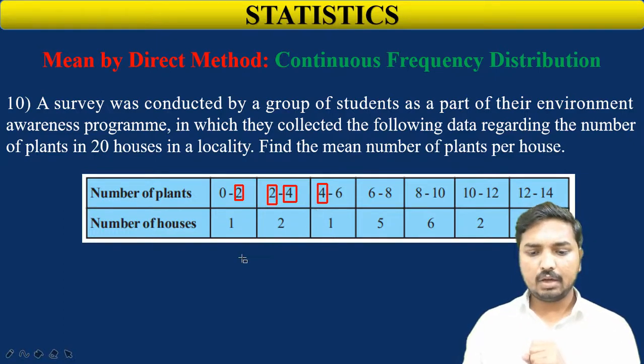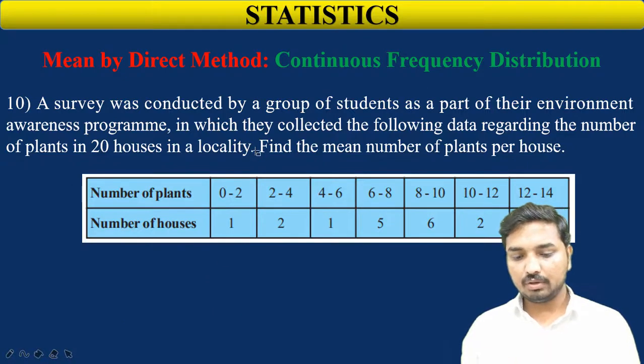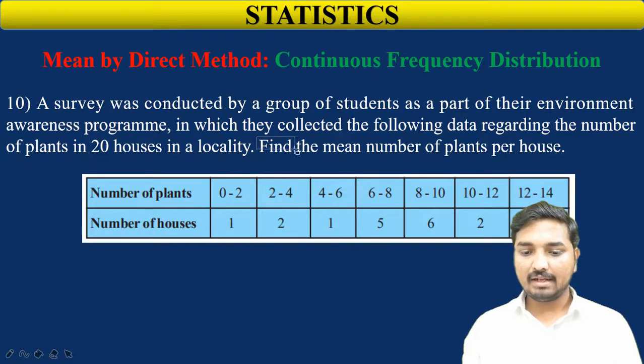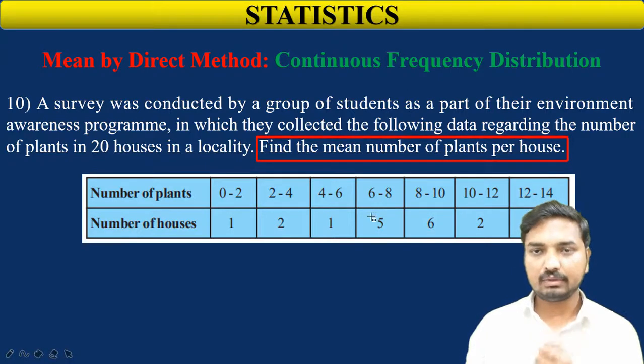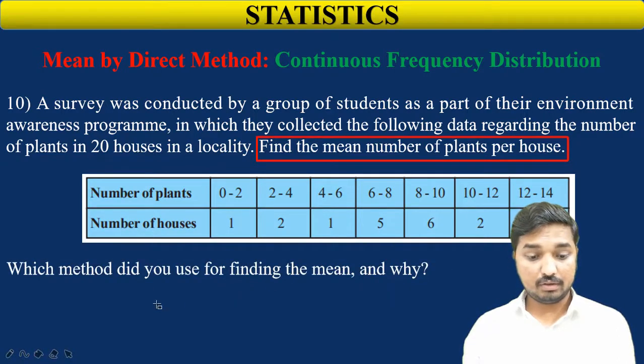Now the question asks us to find the mean number of plants per house, so you need to calculate the mean of the given data. One more thing: which method to use for finding the mean, and why?